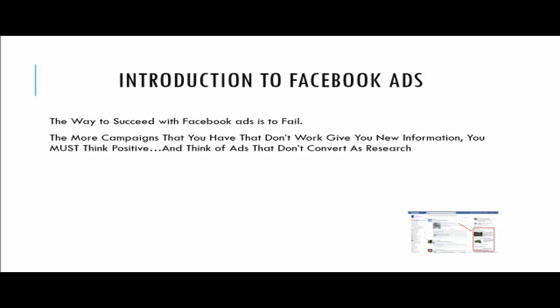The way to think of this is not that you're failing, and it's not that it's not going to work. The way to think of failing ads is that they are research. You are finding out what it is that your market wants and whether or not your offer is going to be a fit for them.